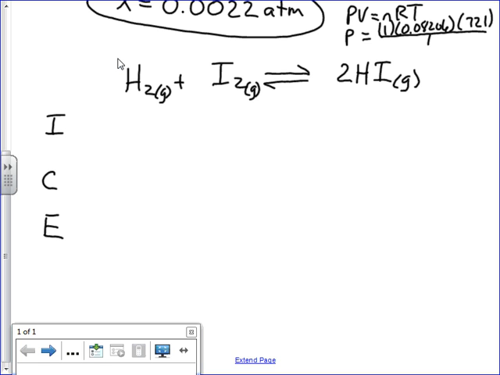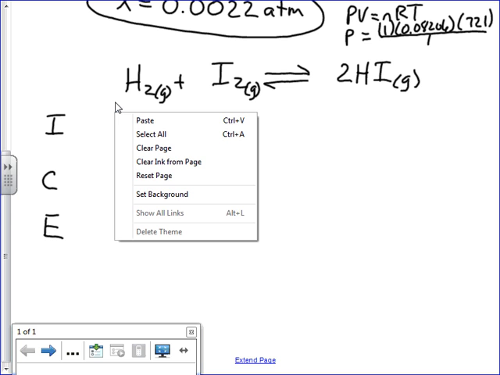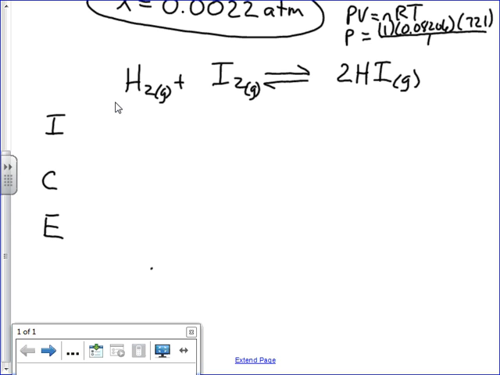So 59.2, what are our sig figs here? Well, 3 sig figs with the temperature, so 59.2. Okay, 59.2 atmospheres. It's our initial pressure for the H2, okay?